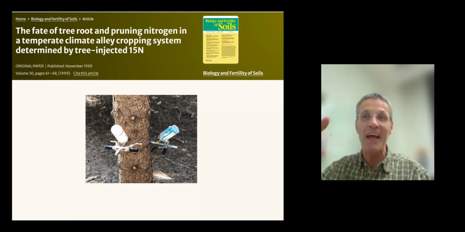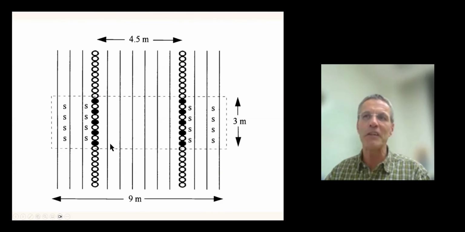We knew it had to come from that tree. It couldn't come from anywhere else, because nothing else in the environment has that new ratio of these two different isotopes.